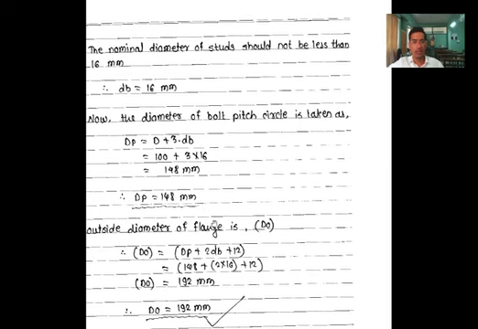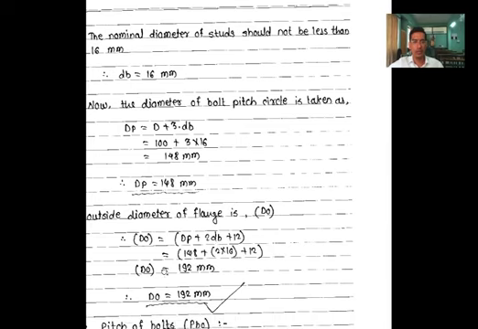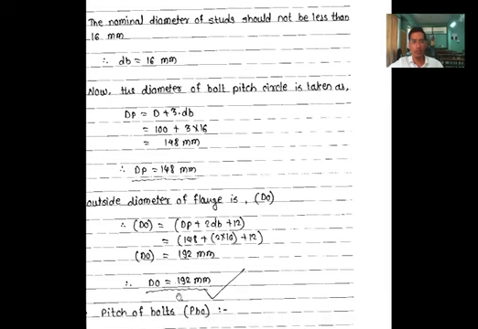Then the outside diameter of the flange is DO. So DO is calculated by dP plus 2 times the nominal diameter plus 12. So putting the values of dP, the diameter of the bolt pitch circle, and dB, your nominal diameter, you will get the outside diameter of the flange equal to 192 mm.